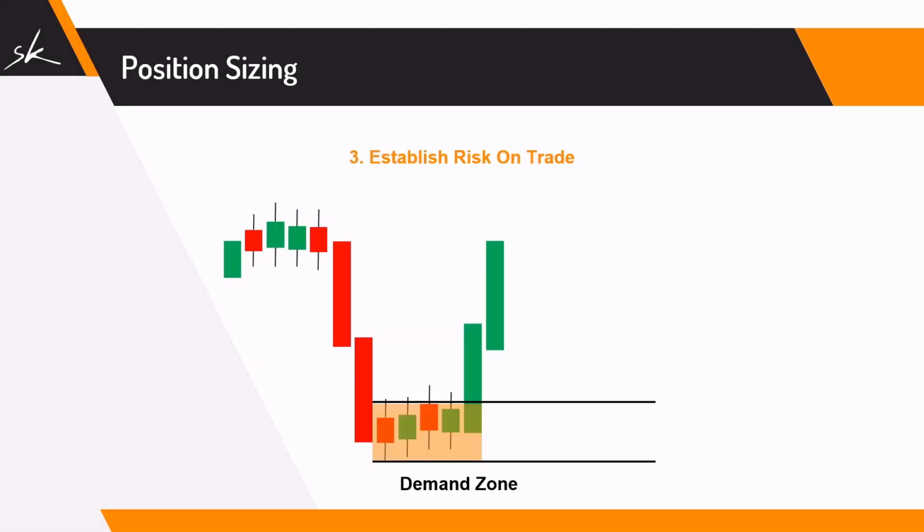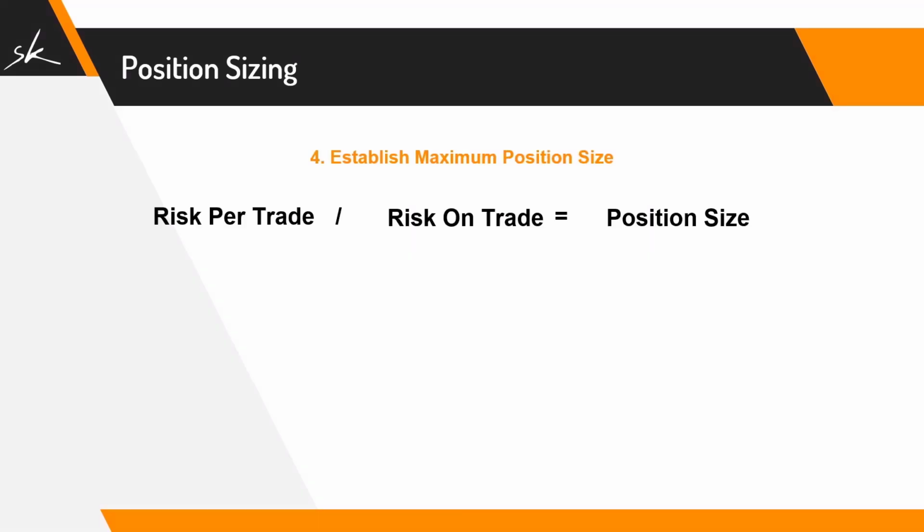At this demand zone, my entry price is 100 and my stop loss is 98. This means the risk on the trade is 2 rupees. To calculate the maximum position size, now I will divide risk per trade 250 with risk on trade 2. The position size for this trade will be 125 shares.